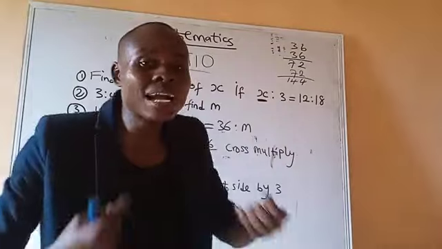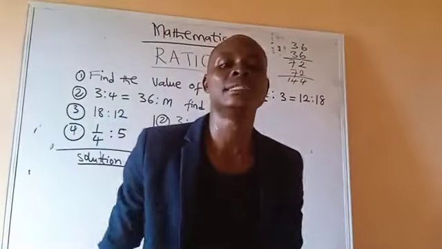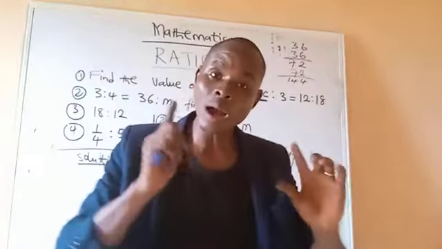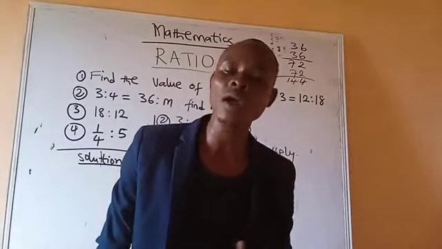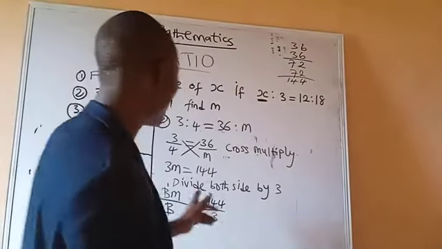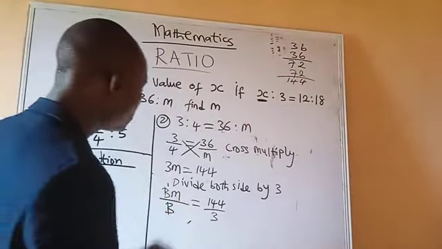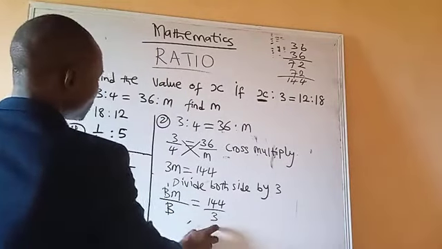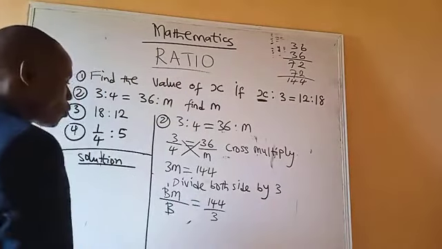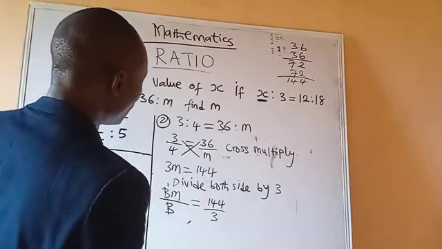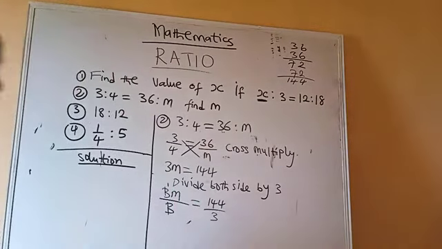I have a car. 1 car is the same thing as what? Car. Do you understand? 1 boy is the same thing as a boy. Do you get? So 1m is the same thing as m. We now say, okay, 3 divided by 144. I'll be right back. Do that for me.